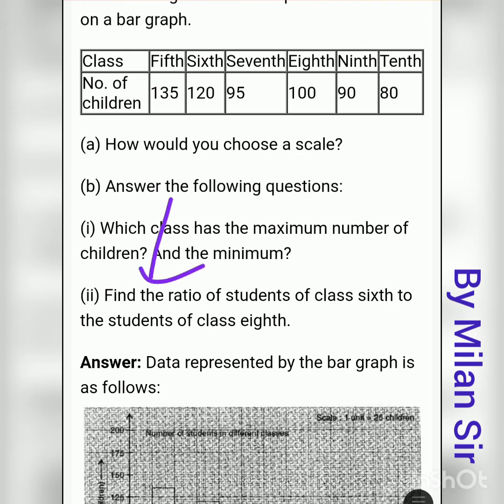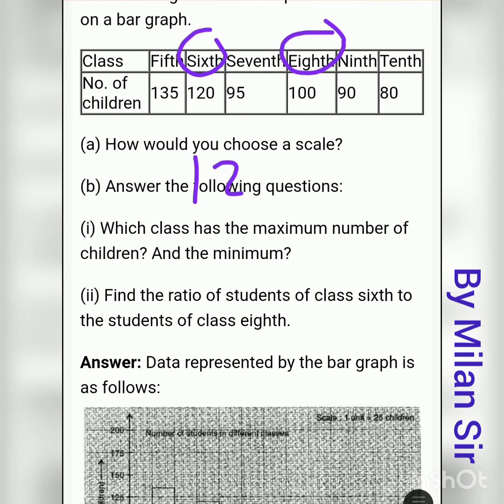Now the second question: find the ratio of students of class 6th to the students of class 8. That means we need to take the ratio of class 6 and class 8.